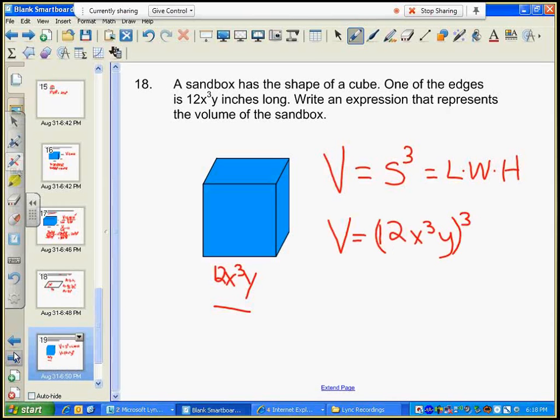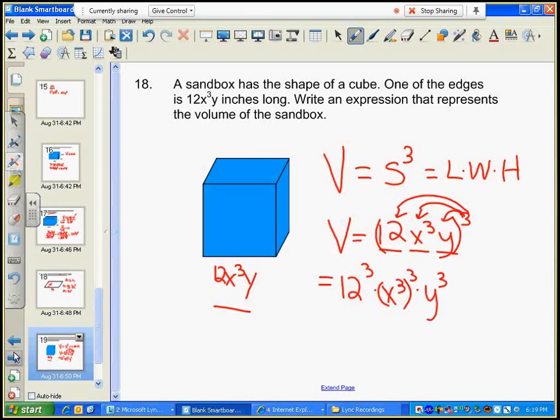Now I've got a power of a product. What are the factors in this product? 12, and I have x cubed, and I have y. So I'm going to end up with 12 cubed times x cubed cubed times y cubed. Let's write that out. 12 cubed times x cubed cubed times y cubed.